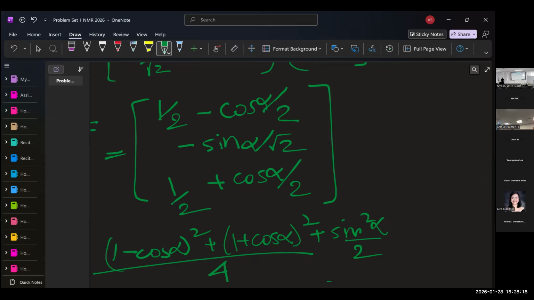So if you look at that result, what value of alpha would give you all the magnetization into the transverse plane and none left on the z-axis? And when would the z component then go to 0?